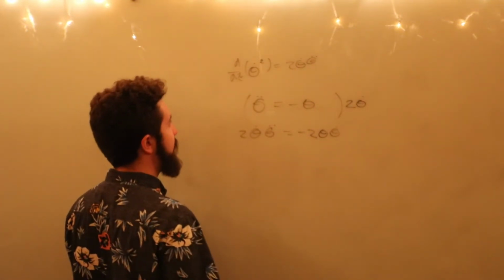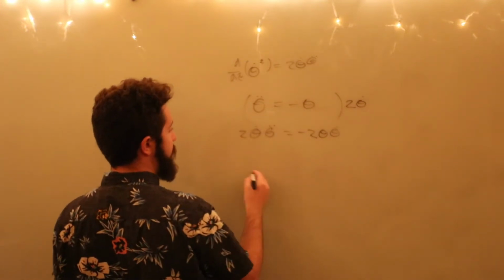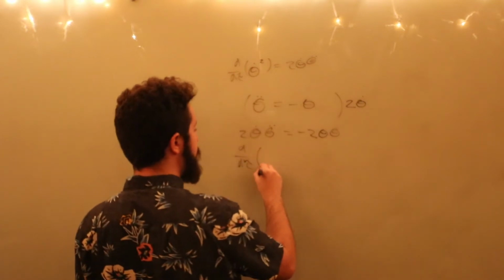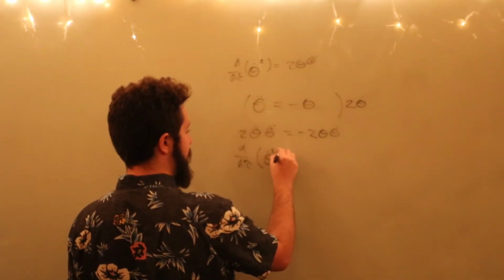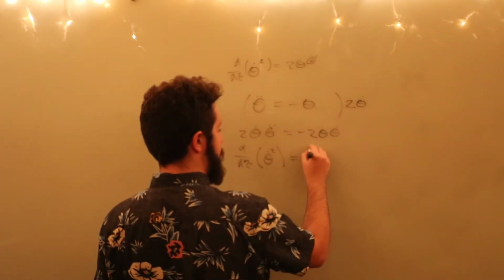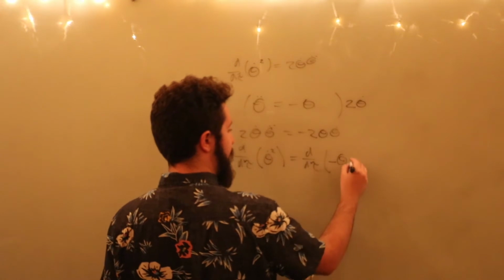And likewise on this side. This means that what we really have is the derivative with respect to tau of theta dot squared equals the derivative with respect to tau of negative theta squared.